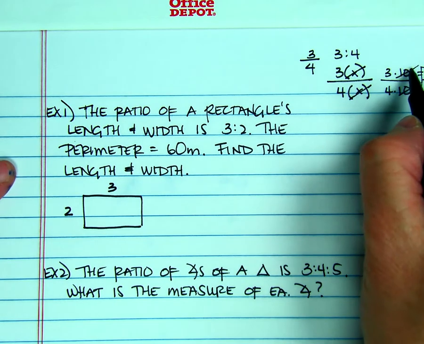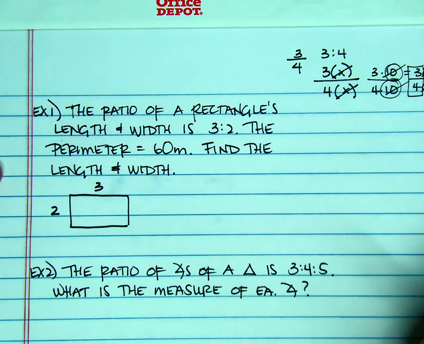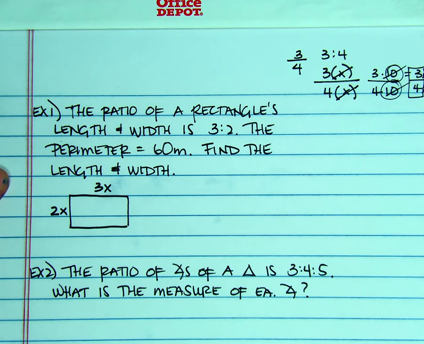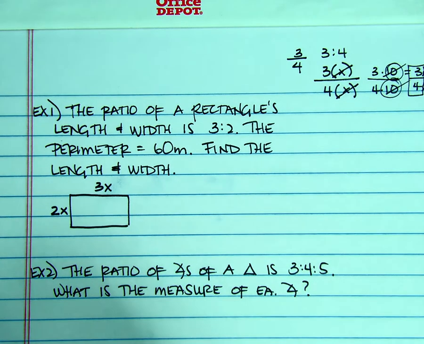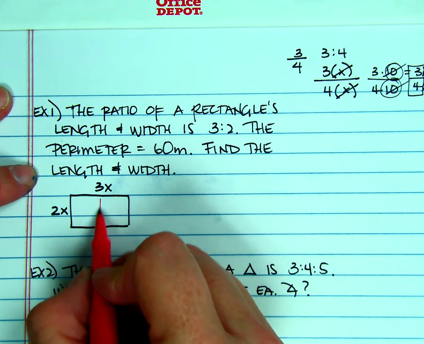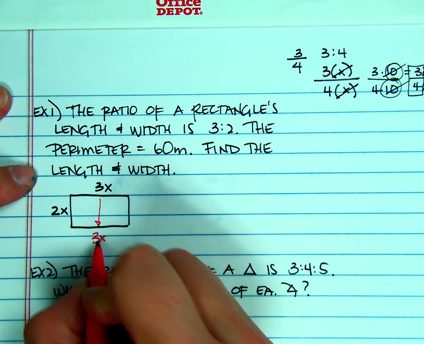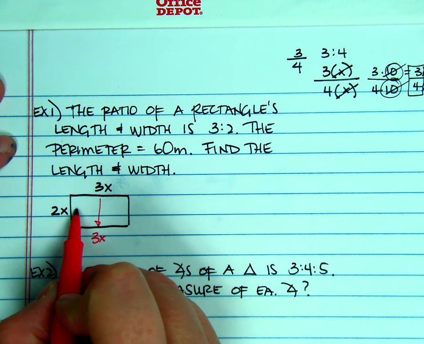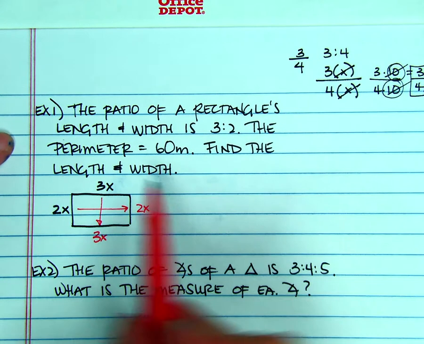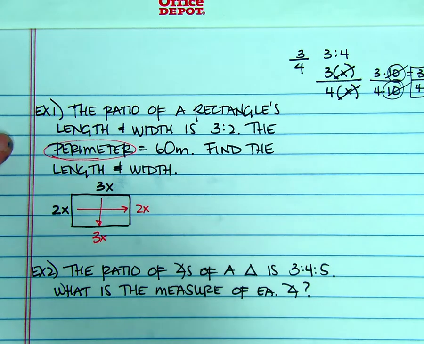Again, we don't know what this number is, so all we can put is x. But we know with a rectangle that both pairs of opposite sides are congruent, so if this is 3x, so is that one. If this is 2x, then so is that one. And we know that anything dealing with perimeter is the distance around.